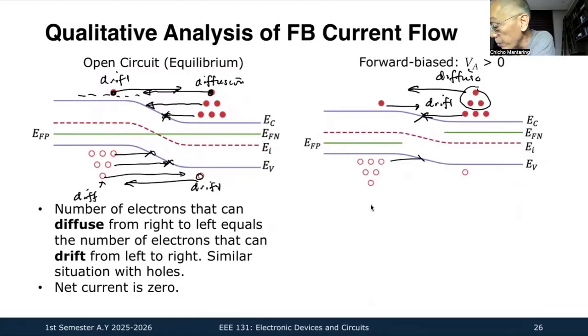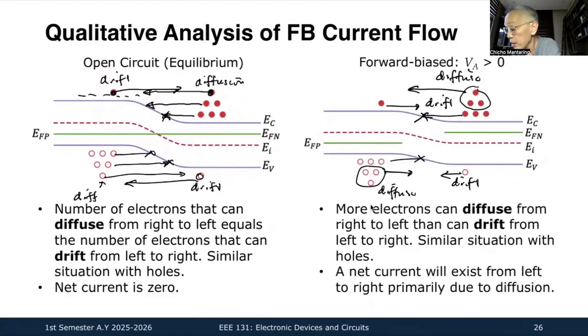Same with this one; it cannot diffuse. This can diffuse, and this can drift. More electrons can diffuse from right to left than can drift from left to right. Same thing with holes.